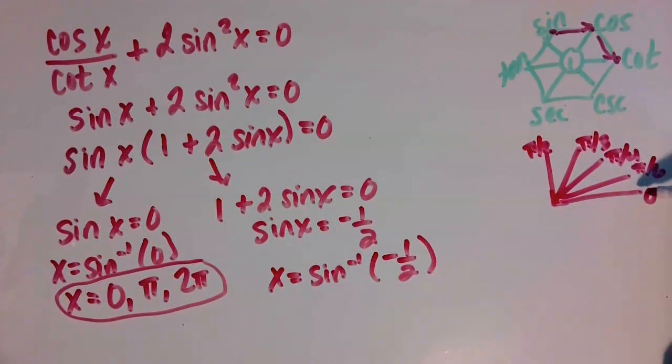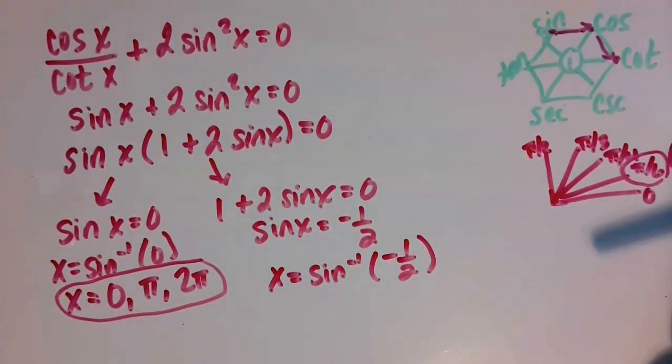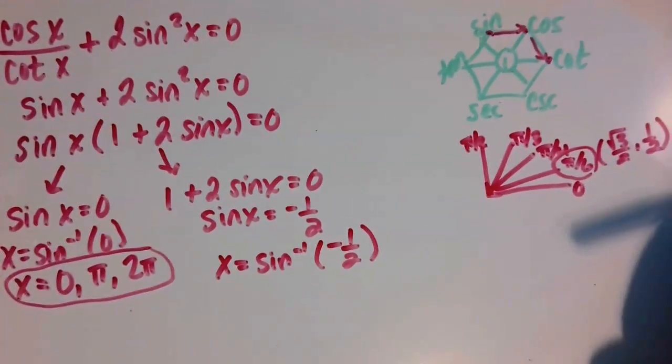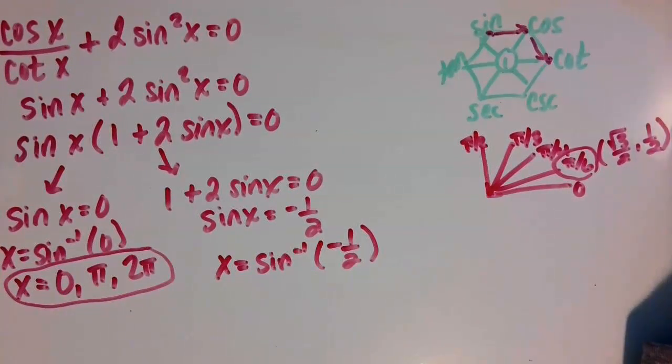And sine is positive in quadrant 1, so we know our answer won't come from there, but we can find the reference angle that has a sine of 1/2, and that would be here at pi over 6, where the coordinate is root 3 over 2, comma 1/2. So from there, we can use that reference angle to reason out where the other quadrants are.